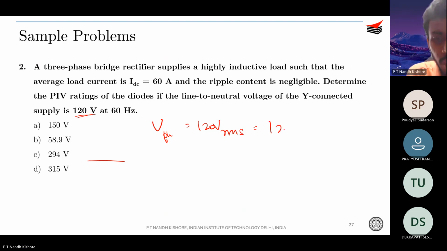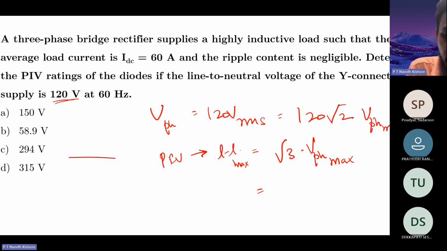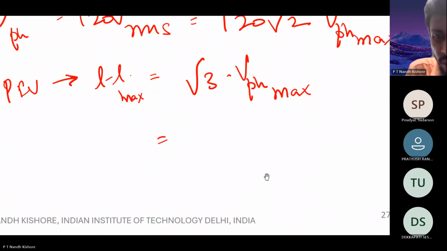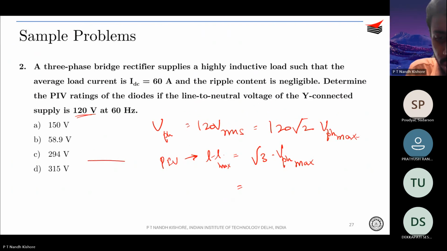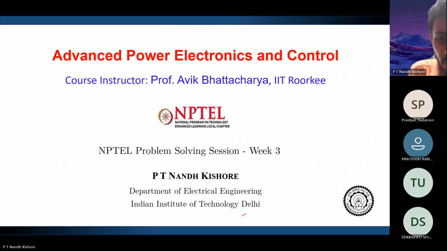So 120 root 2 is your phase maximum, correct? So peak inverse voltage will be the line to line voltage. So it will be root 3 times V phase max, so root 3 times 120 root 2.